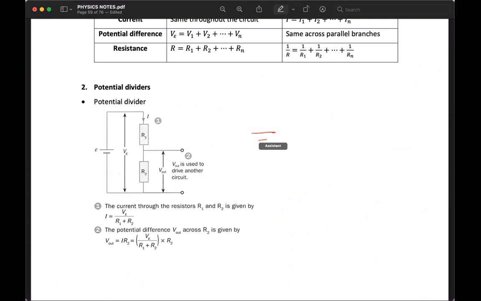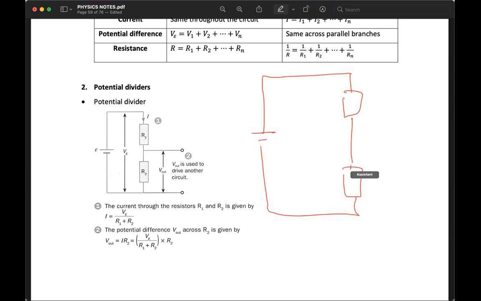Potential difference. Let's say I have two resistors. This is, let's say, 1 ohm. This is 4 ohm. And the same thing, I give you a 5-volt battery. So how do we calculate this? We know that the total is 5 ohm, correct?